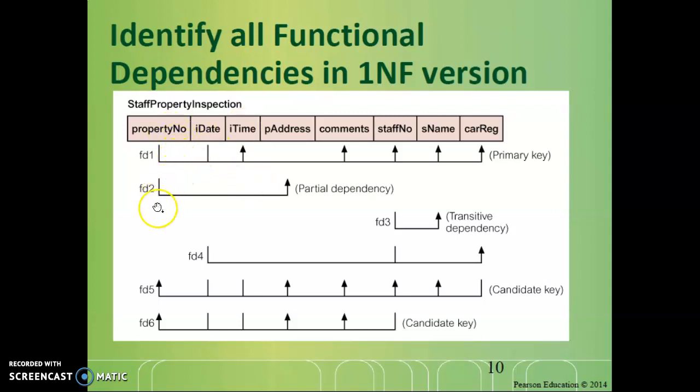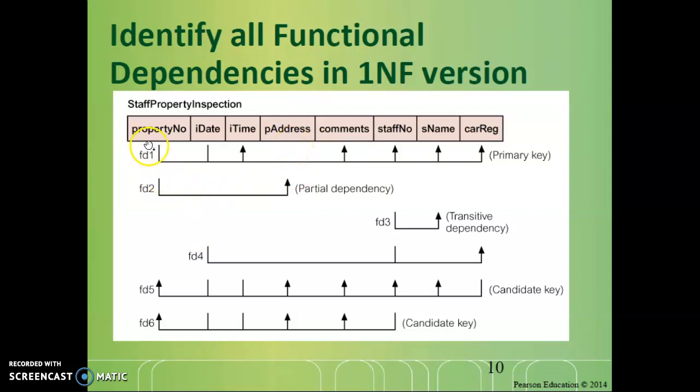If you see functional dependency 2, the arrow mark is from property number to P address. What does it indicate? Property address is only depending on property number. Property number is a determinant, the left hand side attribute. Property address is a non-primary key attribute, a non-key attribute.